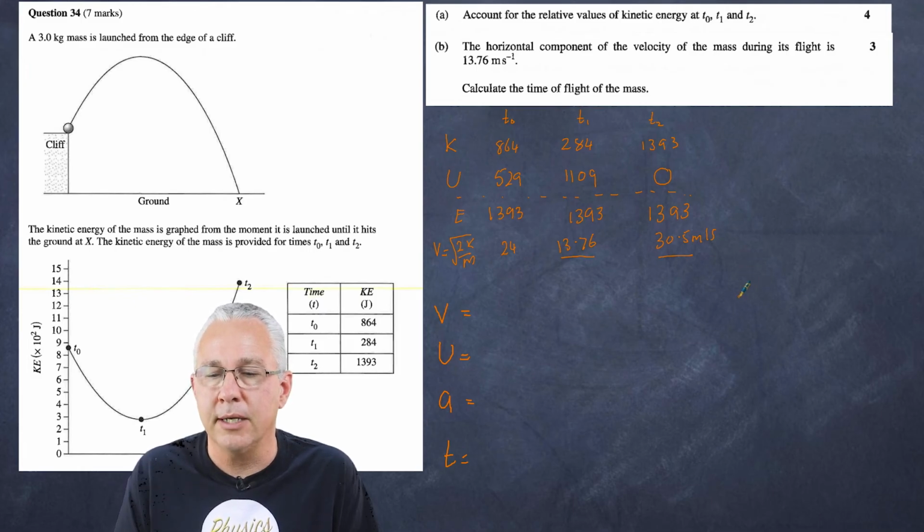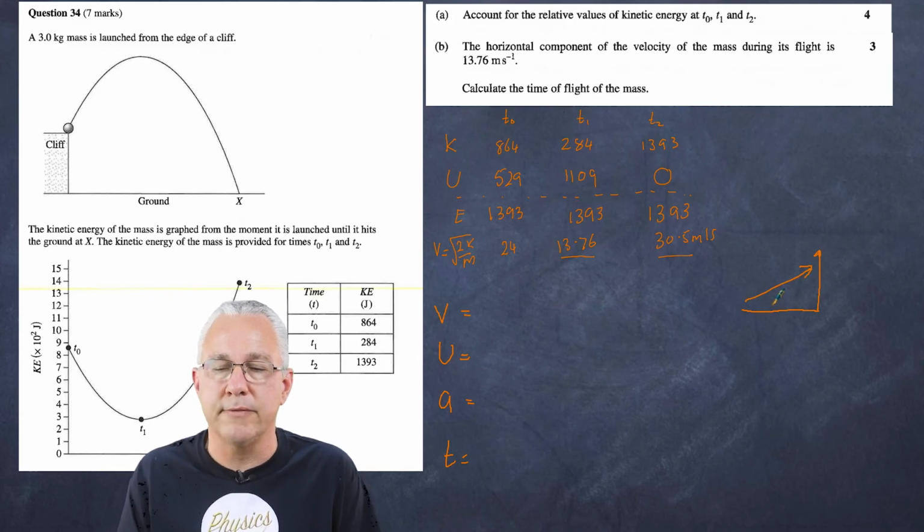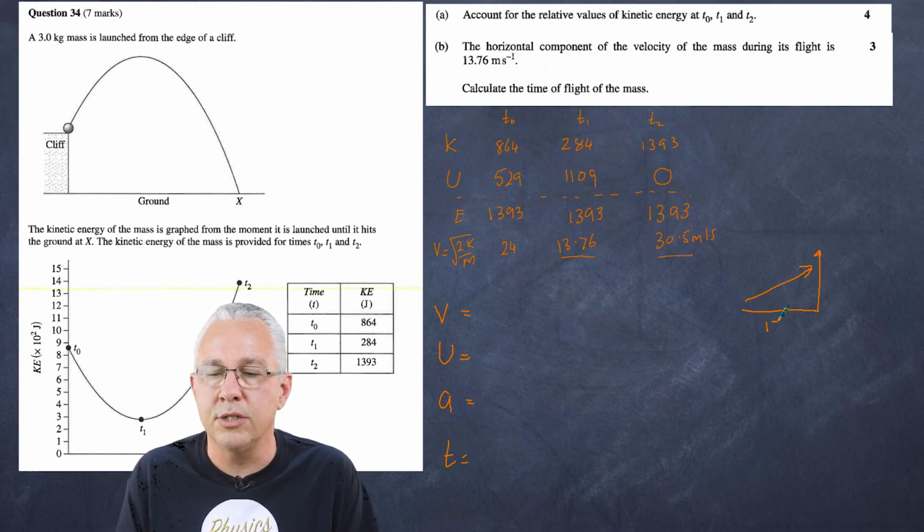Well, okay. So if a velocity has any direction, then its horizontal velocity and its vertical velocity will result in its effective velocity at some sort of angle. But we have the horizontal velocity, and that's 13.76. It doesn't change. It's the same at the beginning and at the end. If we look at the velocity at the beginning, I've already established it was 24 meters per second.